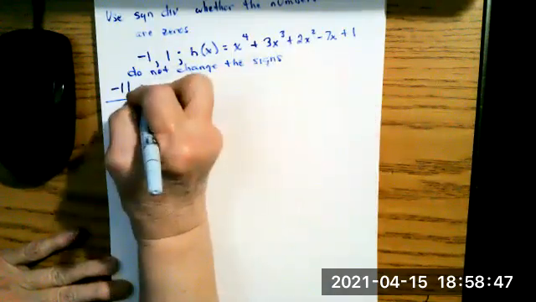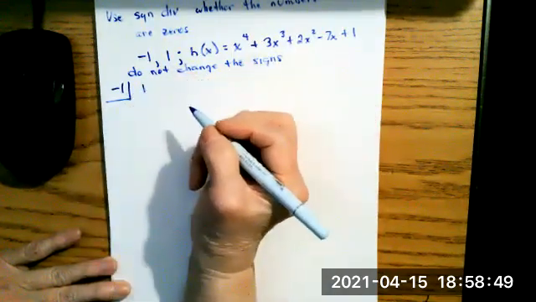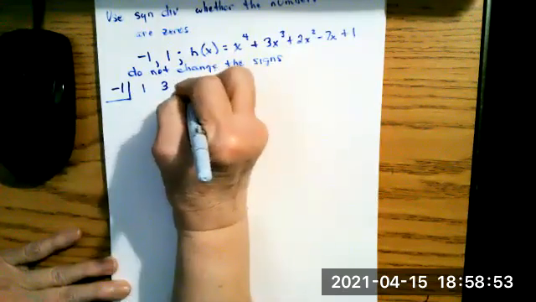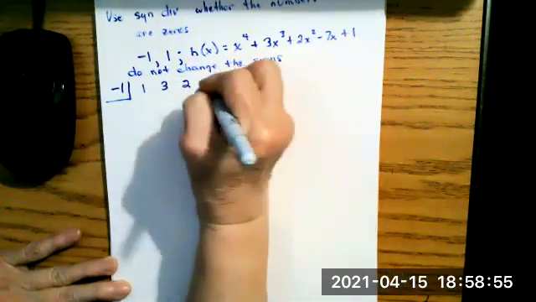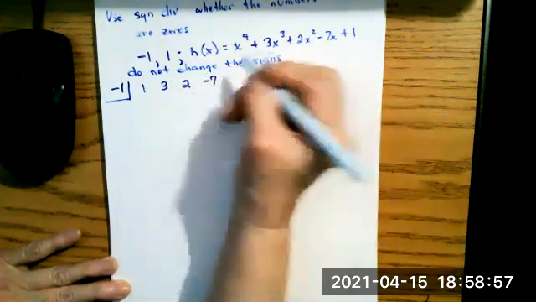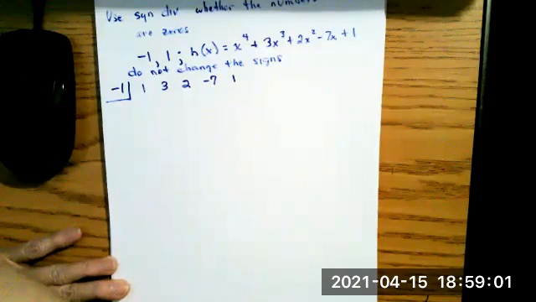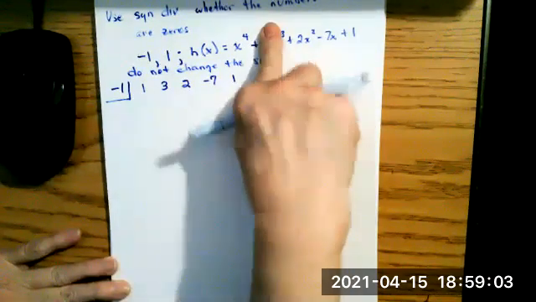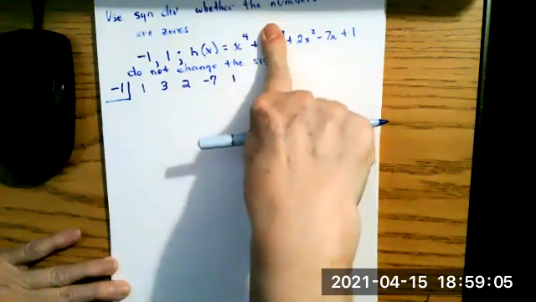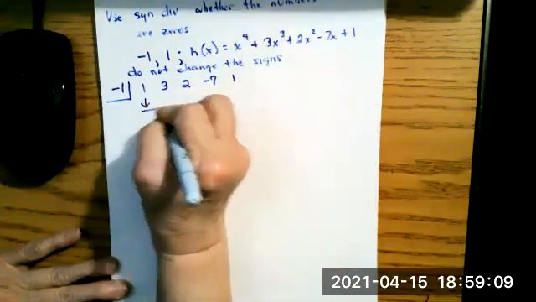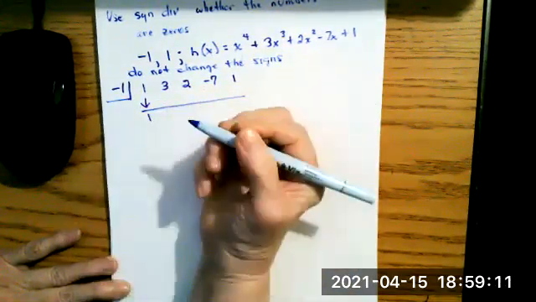So we do our coefficients then. 1x to the 4th, 3x to the 3rd, 2x to the 2nd, -7x, and 1. And remember, if there's one missing, if the cube had not been there, we would have to put a 0 in its spot. Okay, so bring down the 1.